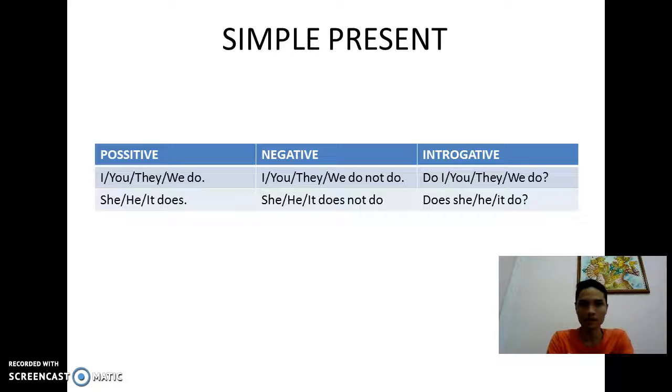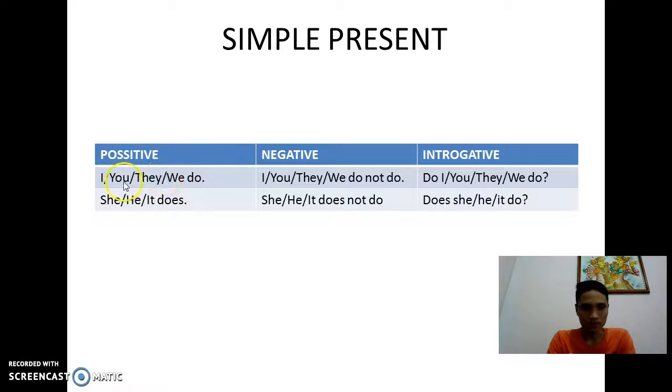So, here are some examples about simple present. There are positive forms, negative forms, and interrogative forms. Let's read the positive forms first in the first examples.